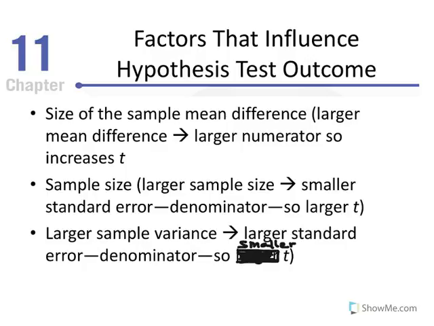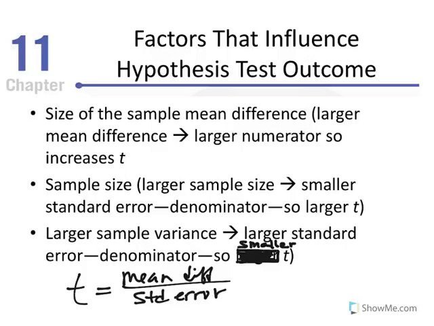Factors that influence the hypothesis test outcome. Again, the basic structure of a t-test is the mean difference expressed in the numerator, and standard error expressed in the denominator. In chapters 9 and 10, we identified several factors that can influence the outcome of a hypothesis test with the t-statistic. The same factors apply to the repeated measures t. The most obvious factor is the size of the sample mean difference, because that's what we're interested in.